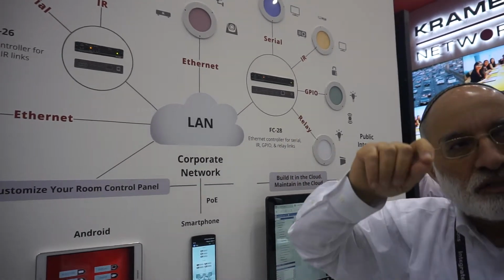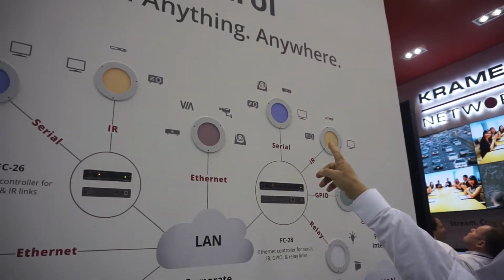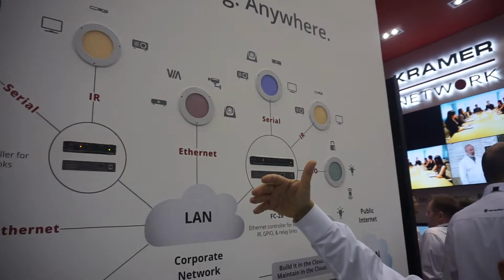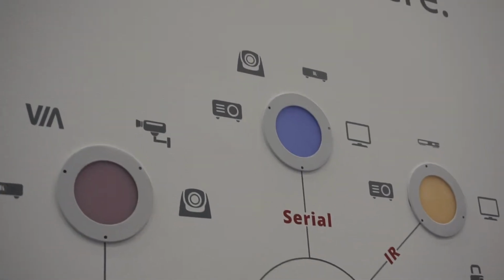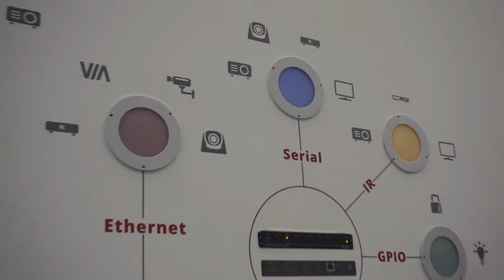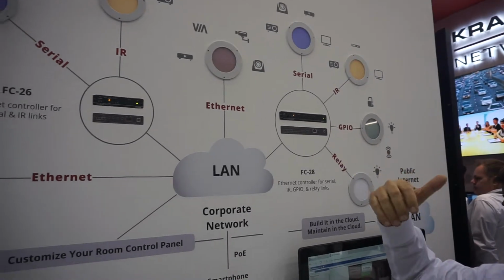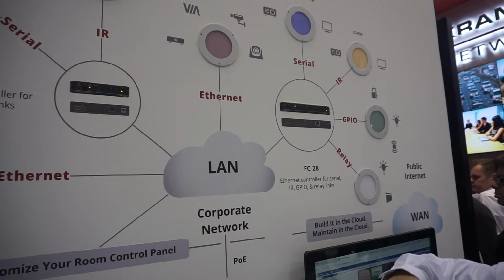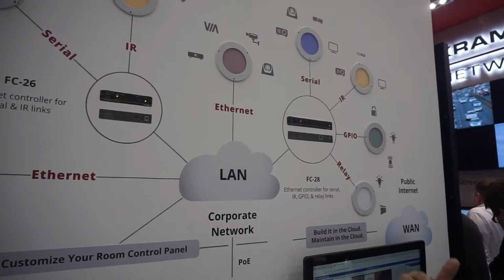Typically those devices like projectors or DVDs or AV devices that have serial RS232, sorry. And then you send a command and you get a response. You get a feedback saying, okay, I'm on, I'm off. This is my volume. This is all these responses.